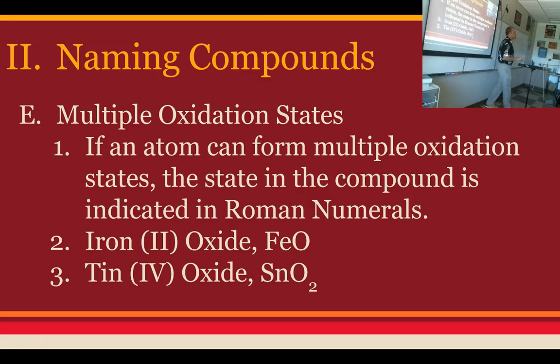That lets the person know that this is FeO, because there are options where iron takes on a +3 oxidation state. In that case, if iron were 3 and oxygen is always 2, you'd have to have Fe2O3 to make it balanced.